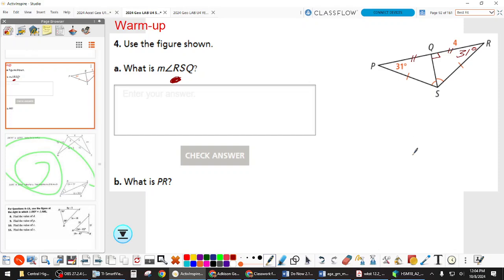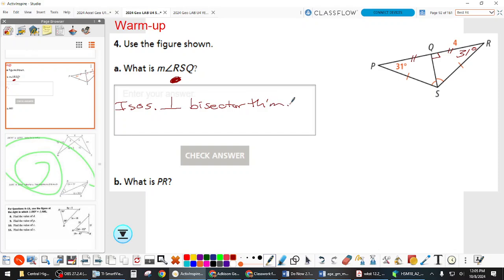A lot of things you had to conclude just based on notation and knowing what the notation implies about theorems. So QS is a perpendicular bisector in an isosceles triangle. Our name for that was the isosceles perpendicular bisector theorem. That's what we're using, okay?